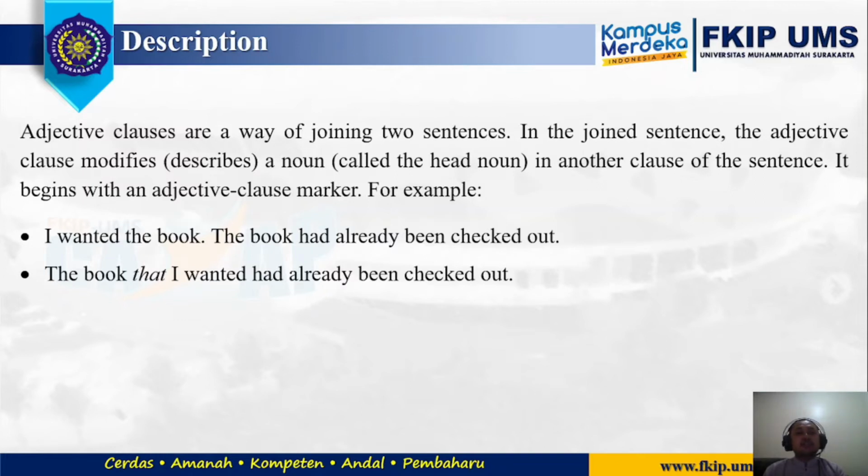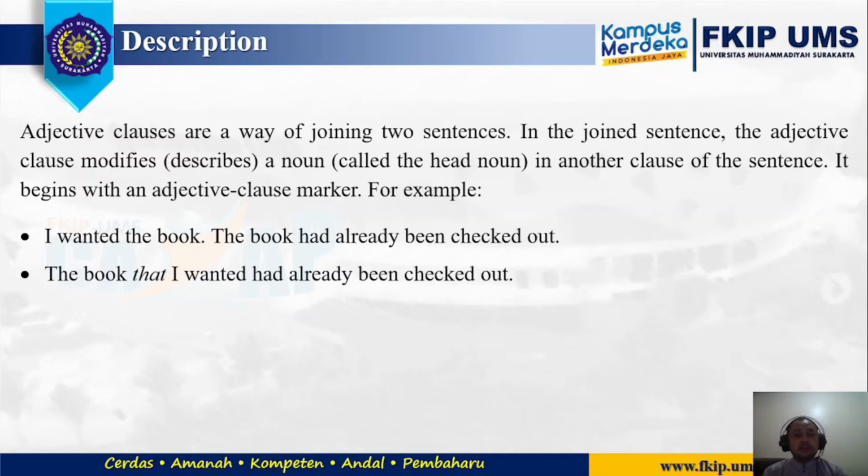Okay, let's start with the description, okay? Well, as the description, we can say that adjective clauses are a way of joining two sentences. Remember, when we are talking about adjective clauses, it is joining two sentences. In the joined sentence, of course, the adjective clause modifies or describes a noun called the head noun in another clause of the sentence.